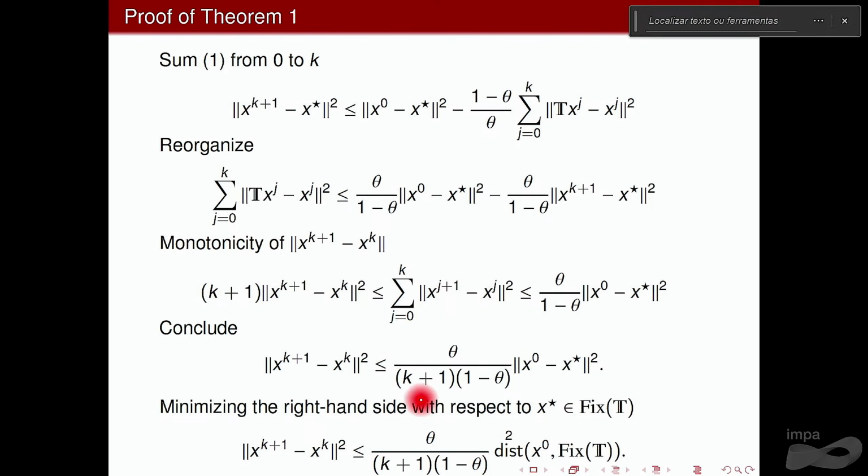From this one, we know that ||xk+1 - xk|| approaches 0 as k approaches infinity.